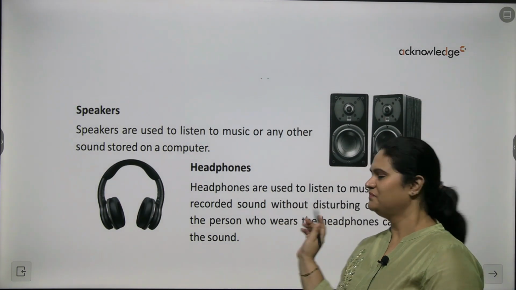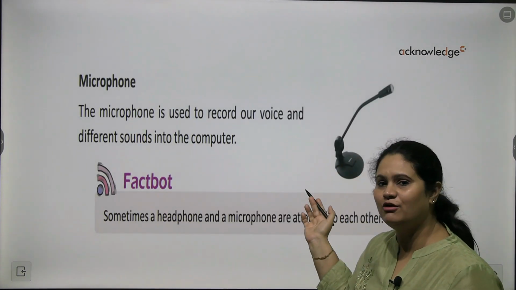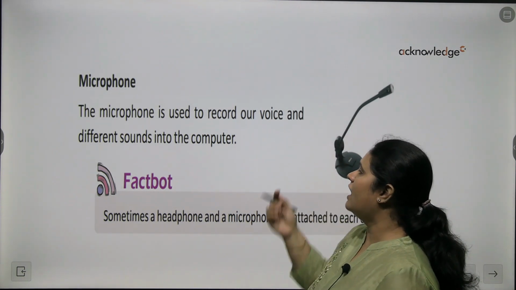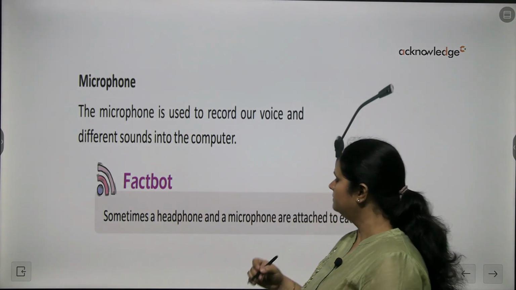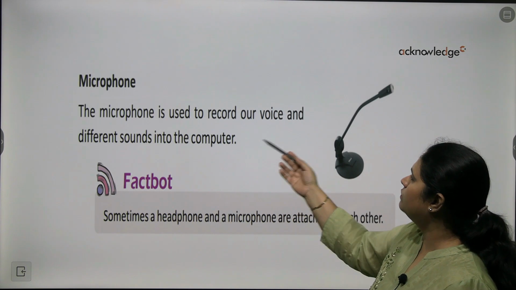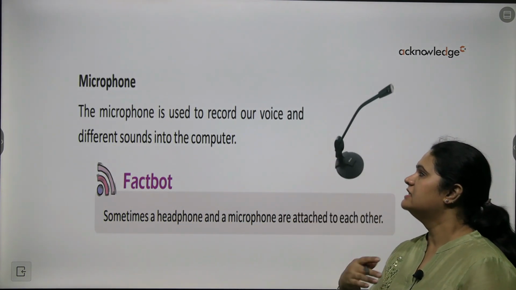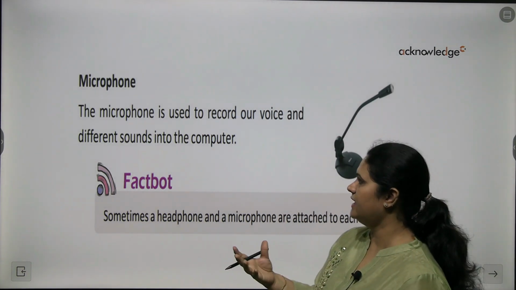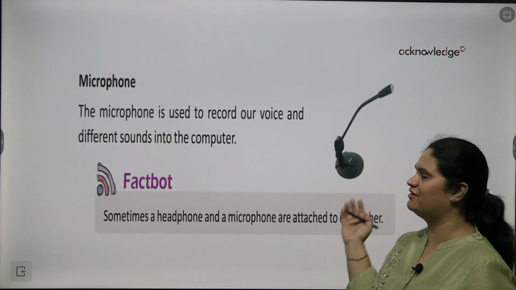Right, children? Very good. Now we have a microphone. What is it? It is used to record our voice and different sounds into the computer. Whatever you say is recorded into the computer with the help of this microphone.